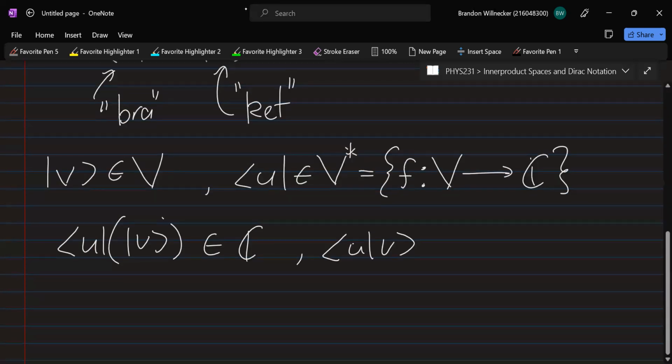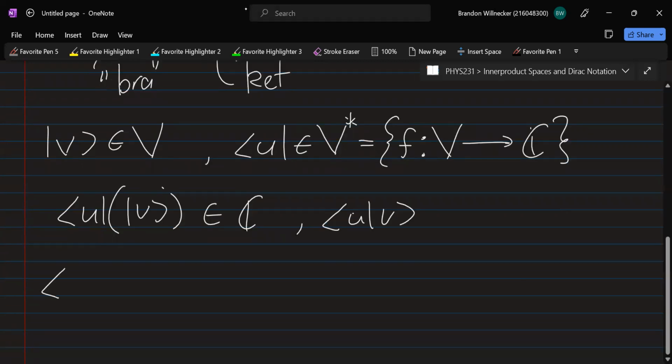But the nice thing is that this V star, the dual vector space, is in one-to-one correspondence with the original vector space, for finite vector spaces. So before, when we had u and v in an inner product, where u was a vector, since it's in one-to-one correspondence with the dual vector space V star, this is entirely equivalent to taking this u vector, replacing it with the u dual vector, and then having v.